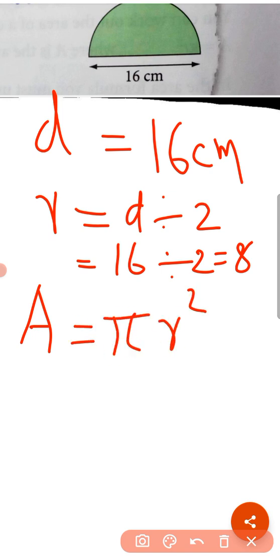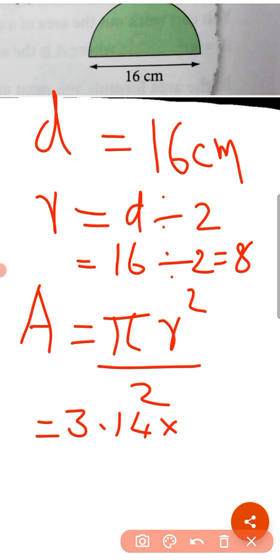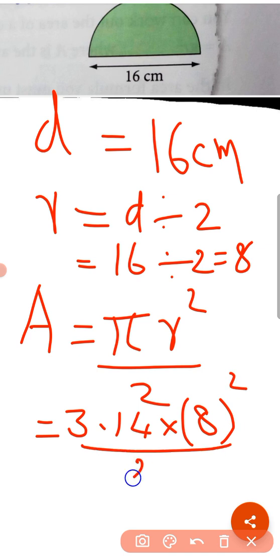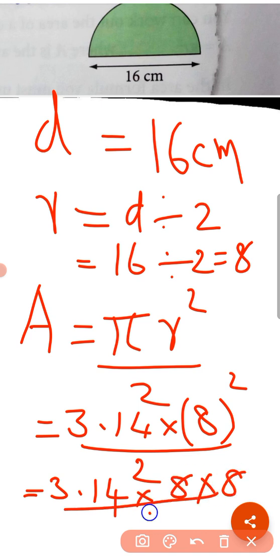Substitute the values, 3.14 into 8 squared divided by 2, that is 3.14 into 8 into 8 divided by 2.